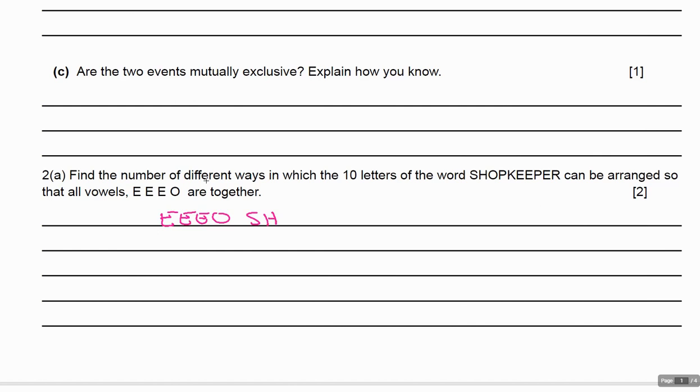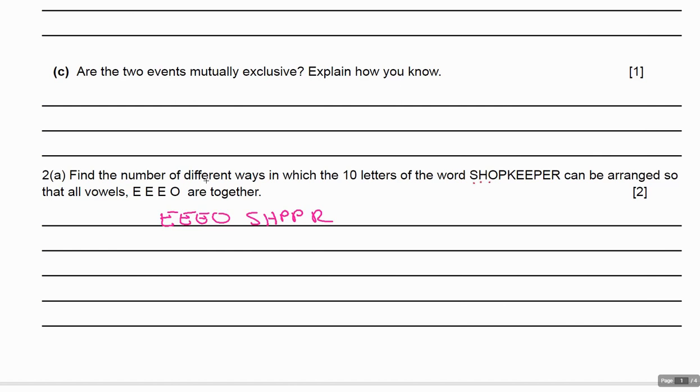S, H, P. How many P's are there? There are 2, I believe. 2 P's. And E's we already know about. And then R. There's only one R.